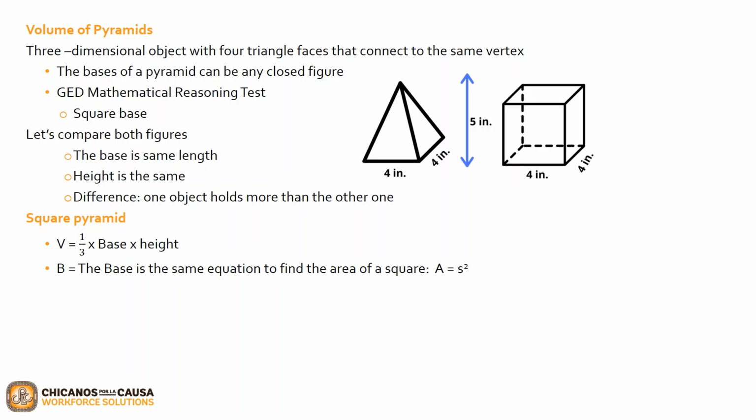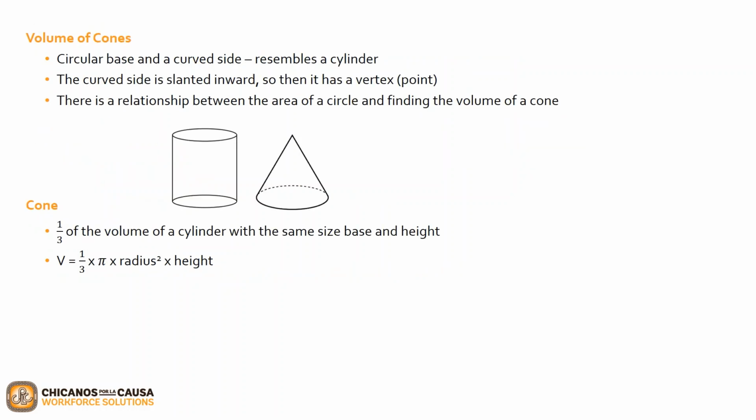So now let's talk about the volume of cones. Cones have a circular base and a curved side that resembles a cylinder. The curved side is slanted inward, so then it has a vertex, a point. Think about a cone, think about a party hat. When you go to birthday parties, they give you a little party hat. That's a cone.